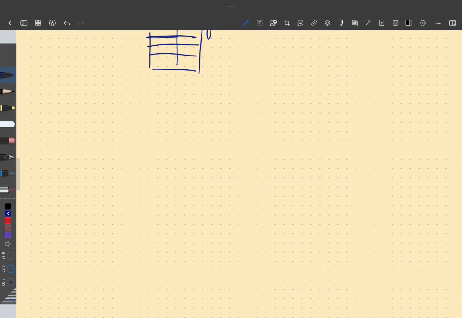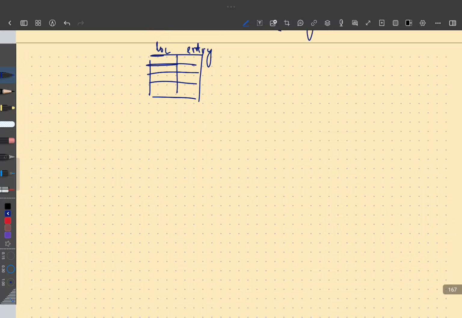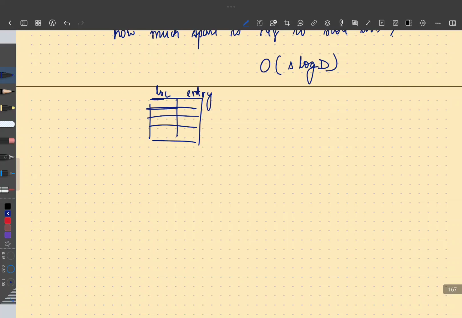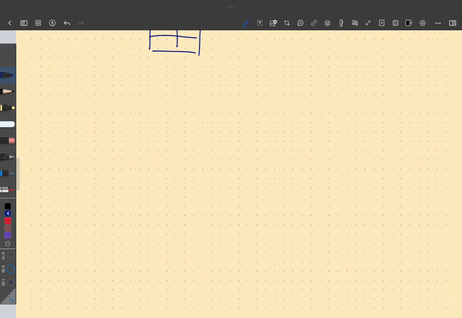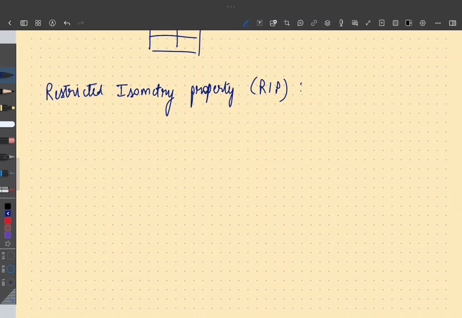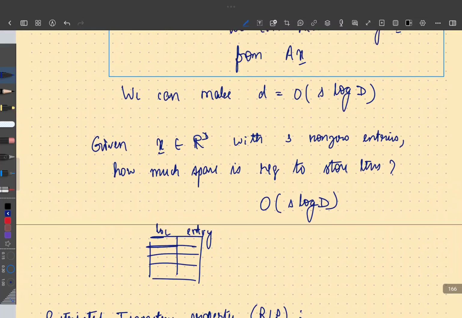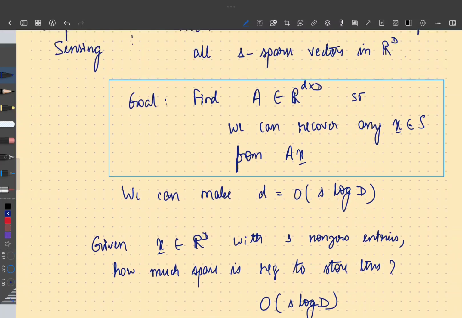Okay, so the main idea that is used to prove that this is indeed possible is the notion of the restricted isometry property. The big question is, how can we choose this matrix A such that it has this particular property?